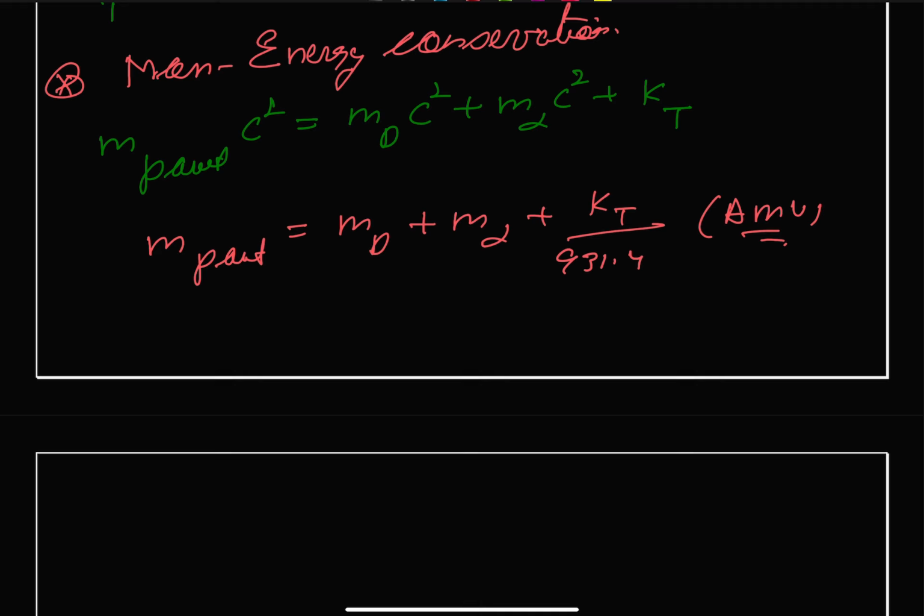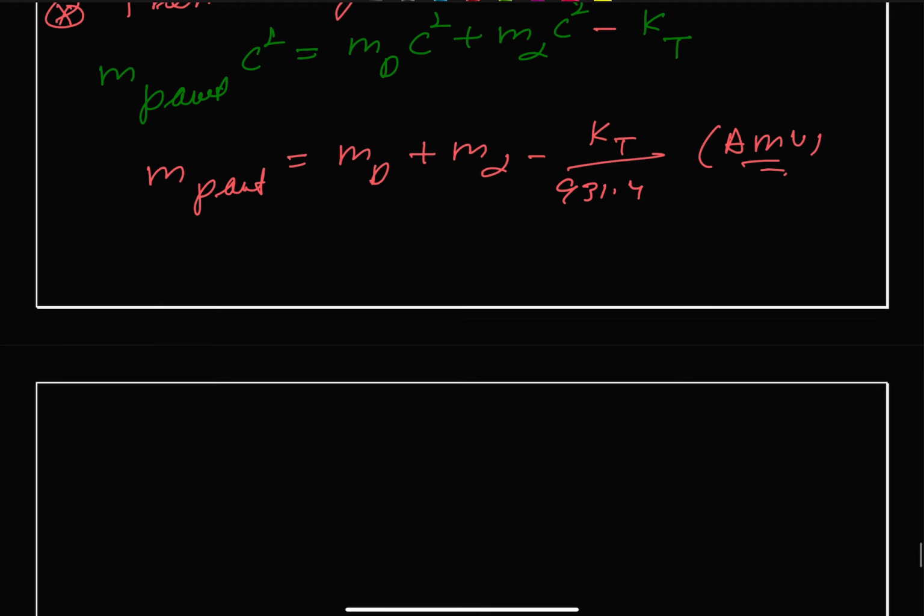Okay, here we have to remember that the energy released is positive, so the mass of the parent will be, oh yes, this has to be minus, my mistake, minus, because this lost mass will be converted into kinetic energy.